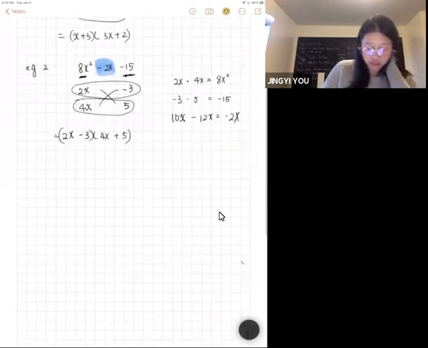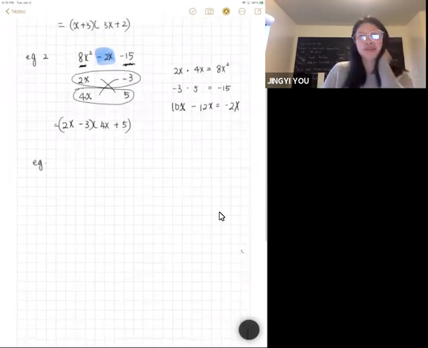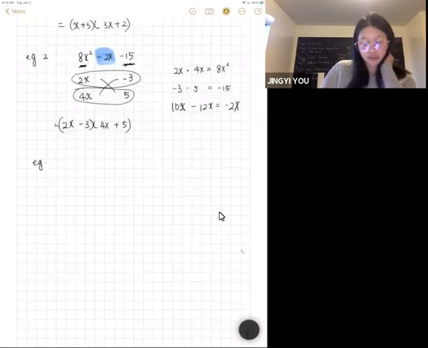Okay, let's do a couple more. This is similar to the AC method. It's just that in the AC method, a becomes 1, so that is x times x. Anyway, okay, let's continue. So we have 10x squared minus 27x plus 5.